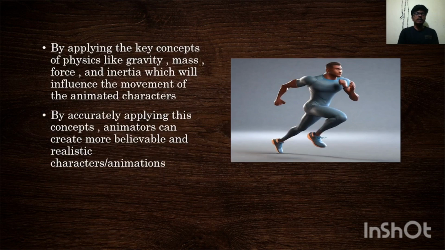By applying the key concepts of physics like gravity, mass, force, and inertia, which influence the movement of animated characters, animators can create more believable and realistic characters and animations.